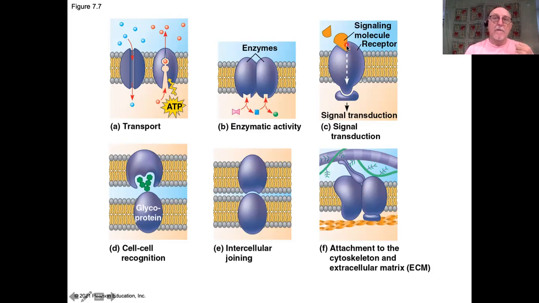But there are also proteins which are sensitive to things, for example, like growth hormones and other hormones, which when the hormone is present, signal to the cell that the cell needs to begin behaving in a particular way. Okay, so these are the signal transduction proteins. They are really the eyes and the ears of the cell. They relay a huge amount of information from the outside to the inside of the cell.